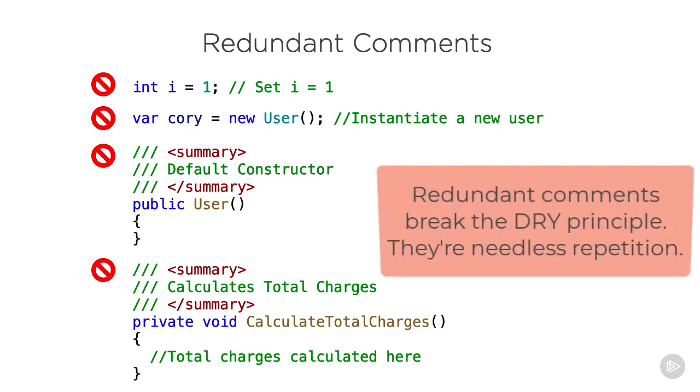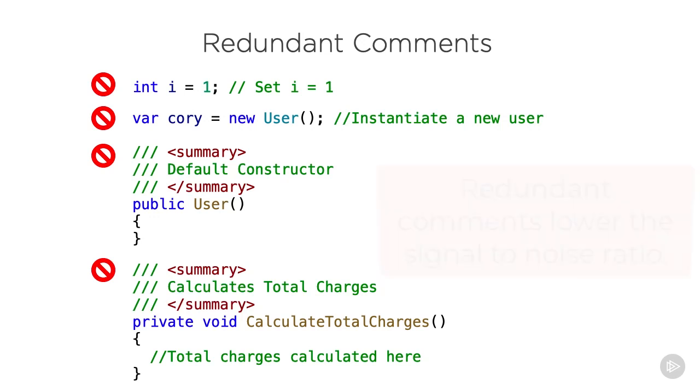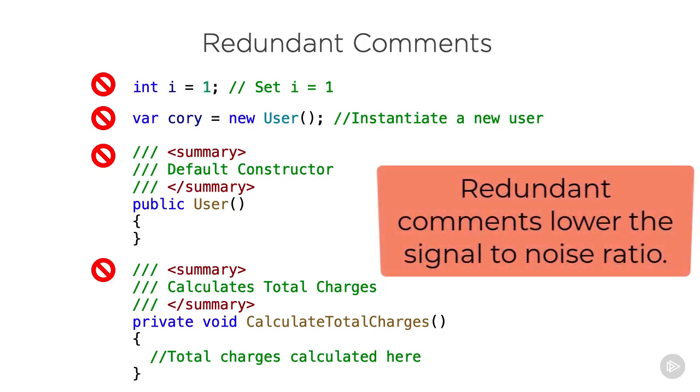Now, the problem with redundant comments is they break the DRY principle. You are repeating yourself. You've now created two different points that you have to maintain, and you've really added no value. This is also lowering the signal-to-noise ratio. This is extra text that the reader is typically going to read, but they're not getting any value from it, as there's no new content here.